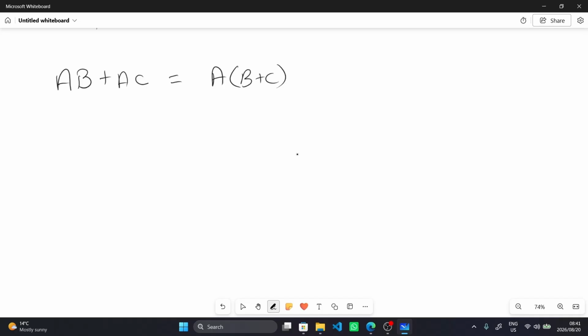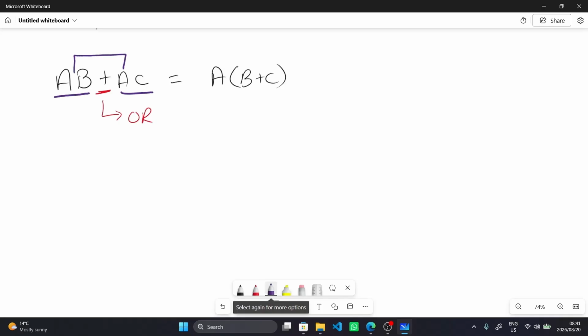In this case, how many logic gates are we going to have? This is how I count: there is addition, so we know there is an OR gate. Then there is multiplication. We have 1, 2 multiplications, so we'll have 2 AND gates, right?